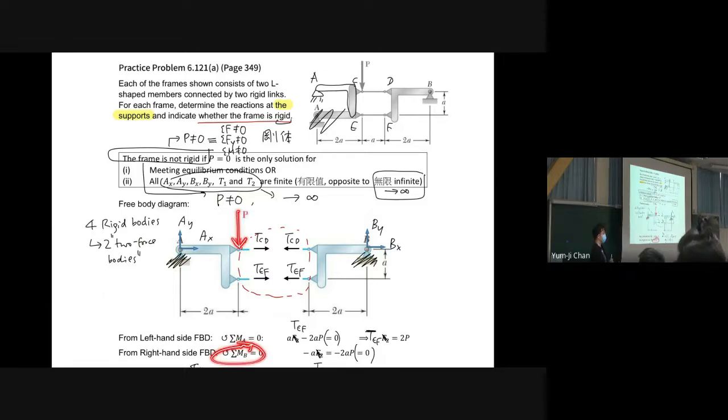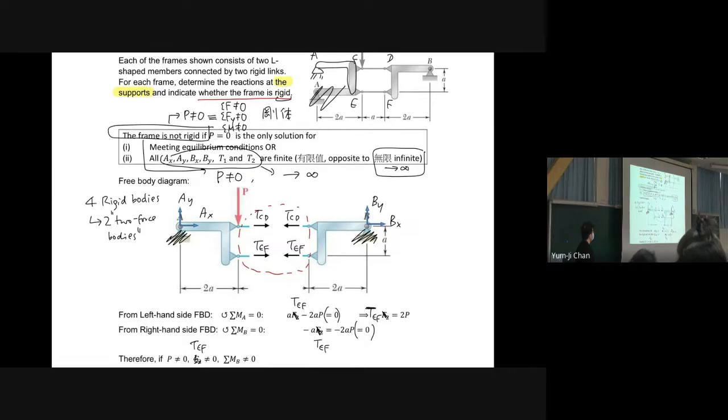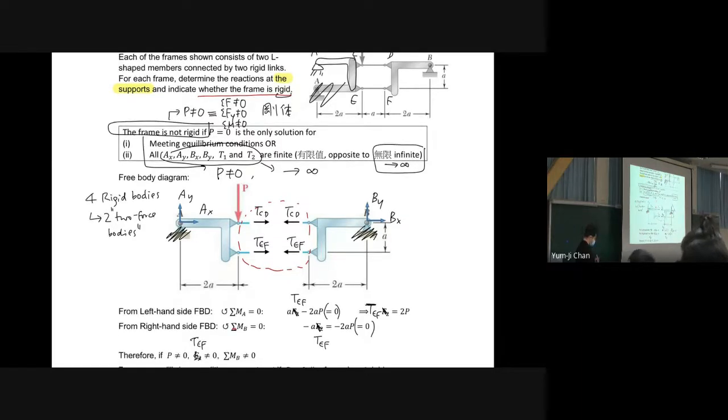Okay. So if P equal to 0, MB cannot be 0, it will go against, it will meet this one. So this structure is not a rigid body.